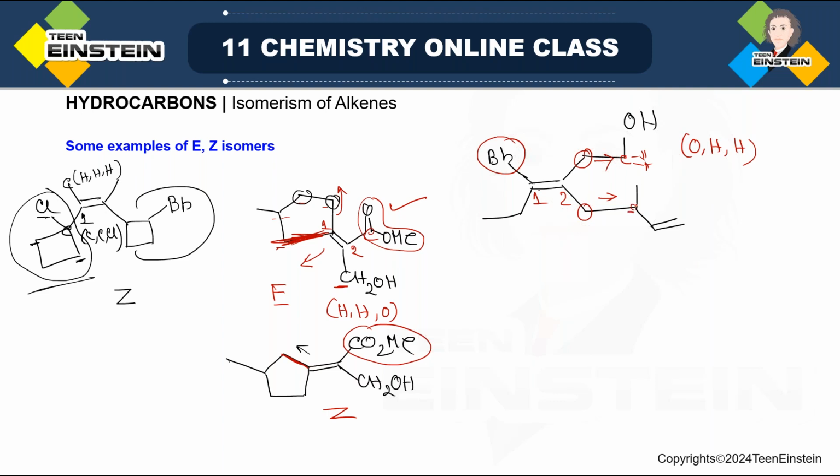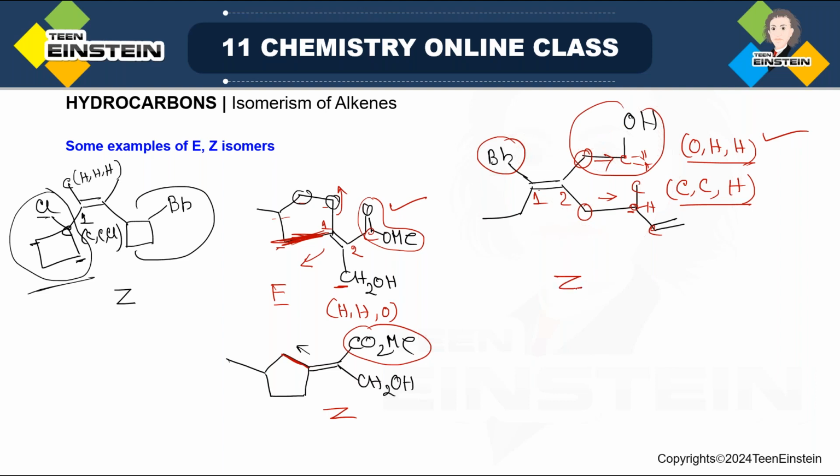Similarly, if you consider this carbon, it is attached to 1 carbon, and here we have C, we have H. So it is CCH. So comparing OHH and CCH, it is winning over CCH because of the oxygen's higher atomic number.